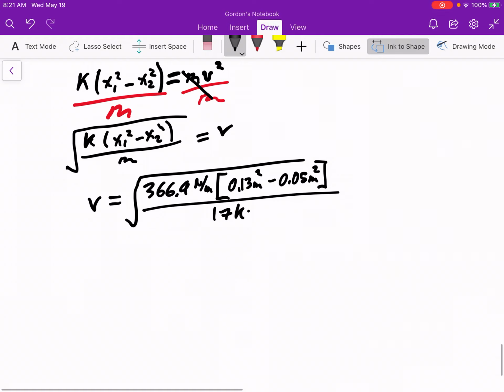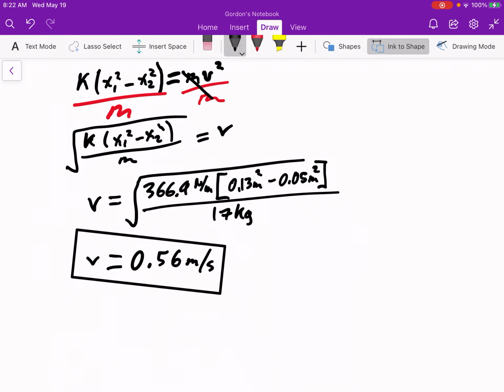So you can see it's going to be going a little bit slower here because we're subtracting a little bit of this off. So 366.9 times 0.13 squared minus 0.05 squared divided by 17, and square root of that, it's going at 0.56 meters per second.